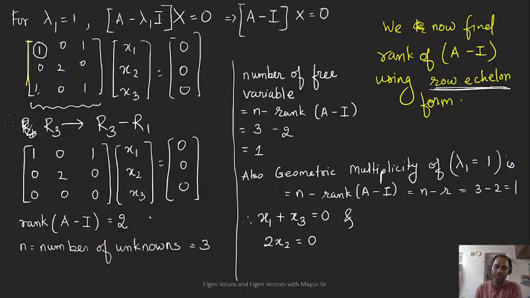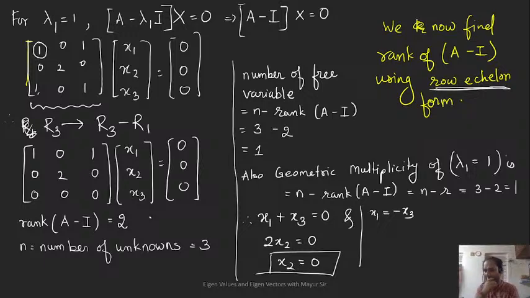Okay, so x2 has no other option. From these equations, x2 is definitely 0. But from the other part over here, we also get to know that x1 is the same as minus of x3, right?